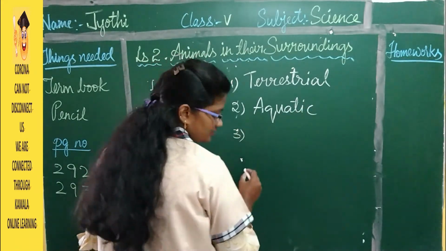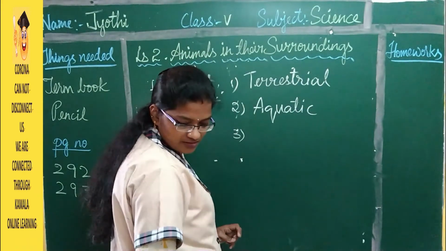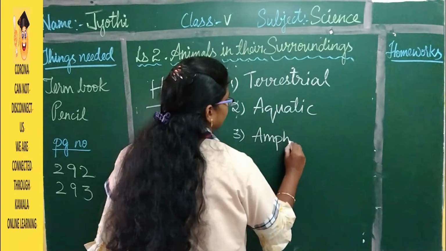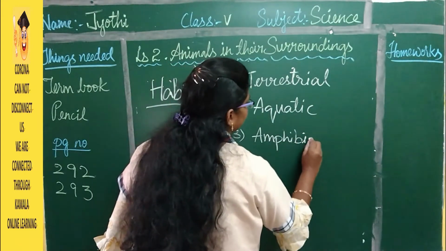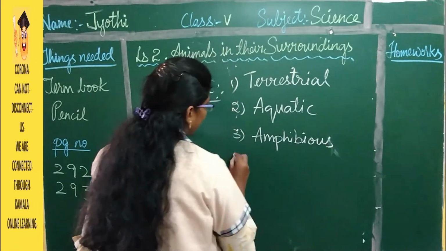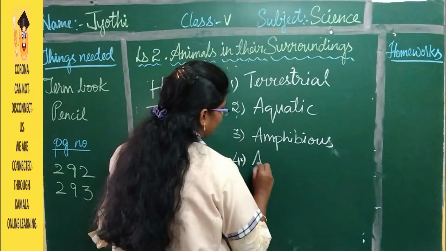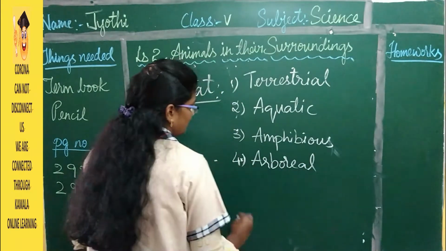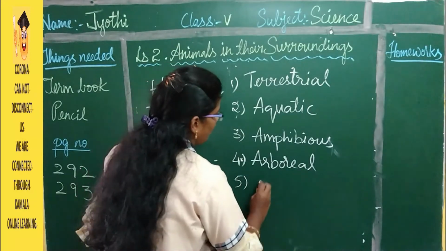Third one is amphibious. Then fourth one is arboreal. Then fifth one is aerial.